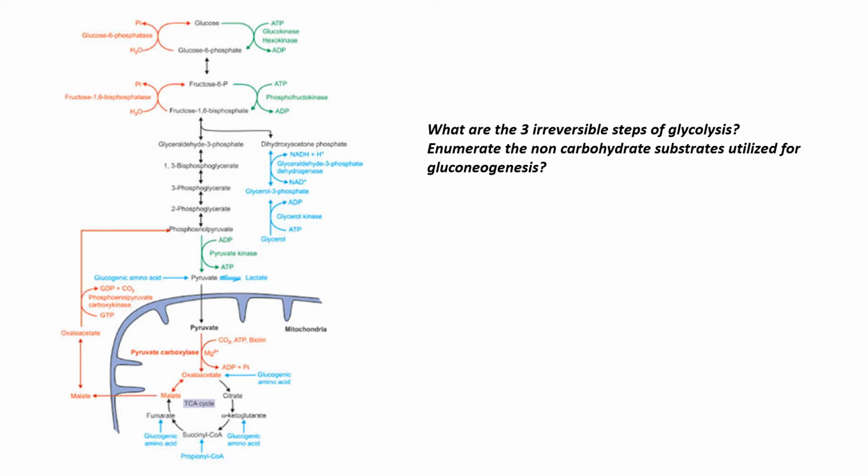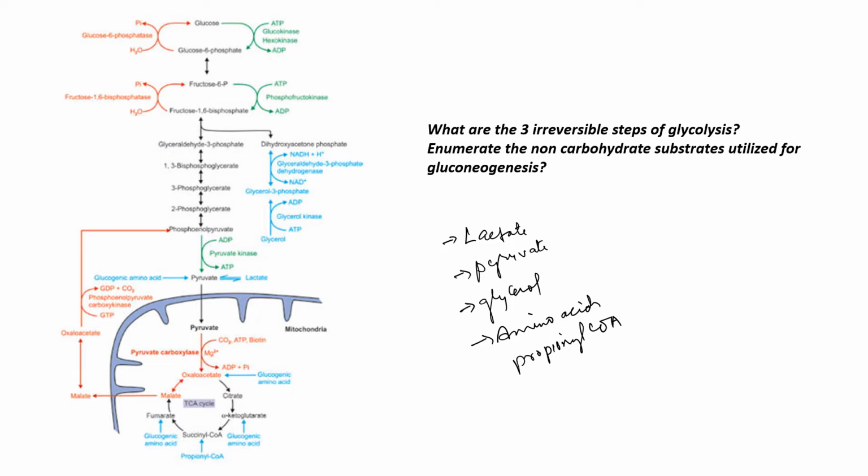Substrates are lactate, pyruvate, then glycerol, then amino acids, or you can also say propionyl CoA. These are the different non-carbohydrate substrates from which glucose can be synthesized through the process of gluconeogenesis.